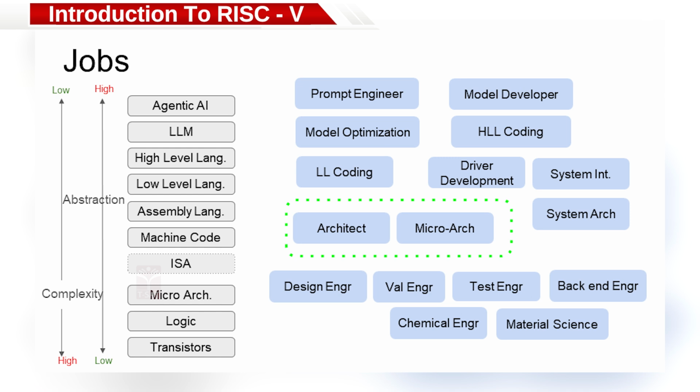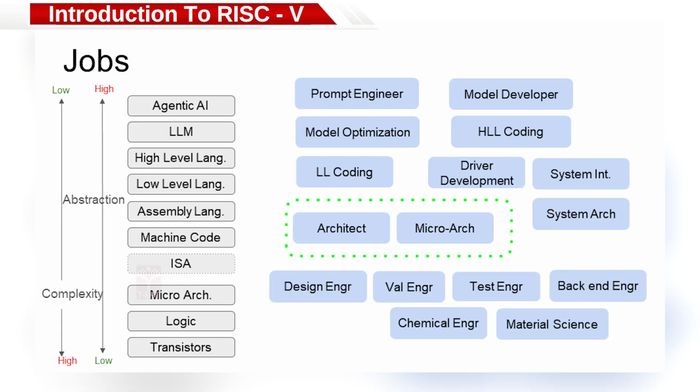And at the very low end, if you want to be involved in actually manufacturing these things, like say a Tata Fab, then the kind of skill sets you need there are more in the chemical engineering domain or the material science domain. I don't think we'll have a lot of those engineers on this call today. If you are, that's good, because there are a lot of jobs with these fabs coming in India.